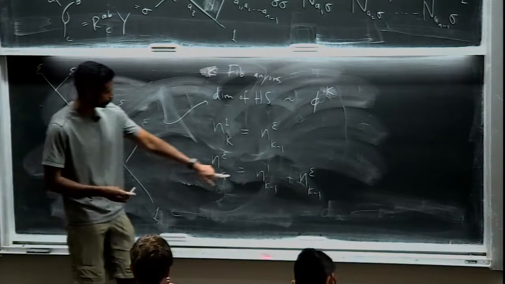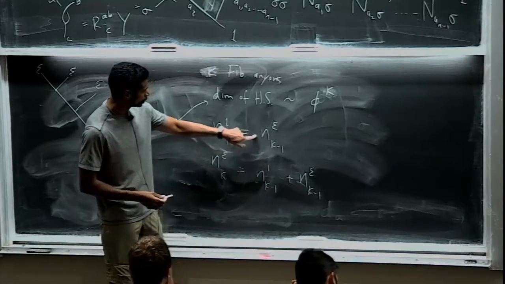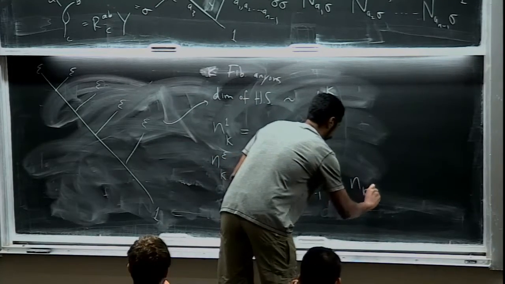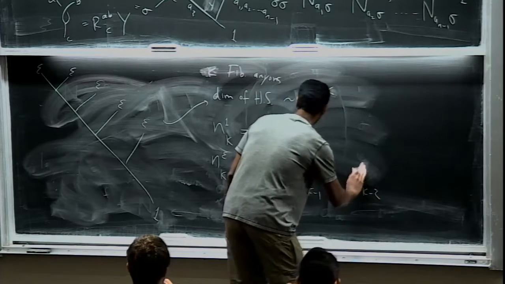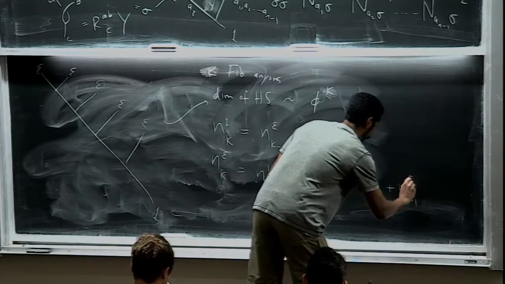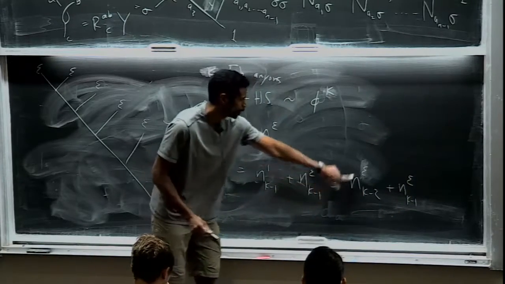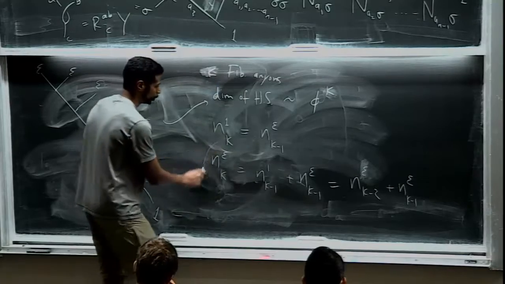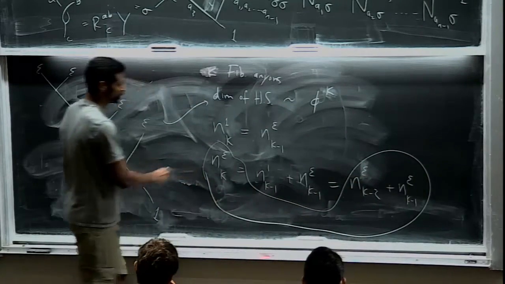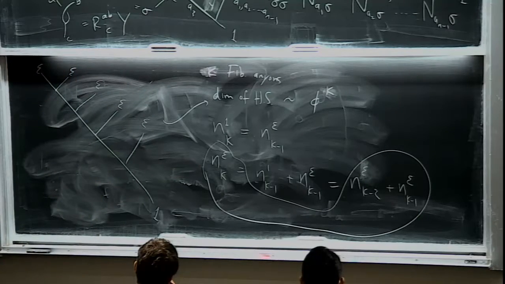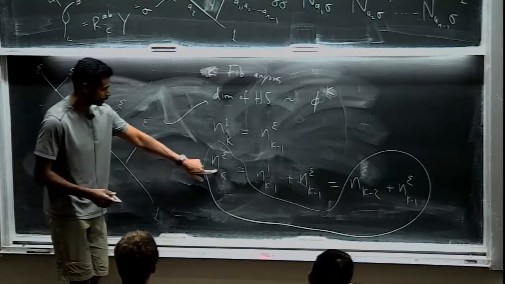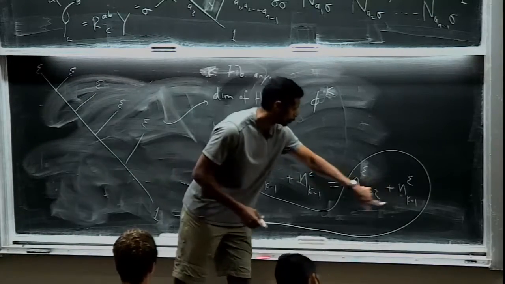But notice, n sub k minus 1, 1 is in fact through this relation equal to n sub k minus 2 epsilon. So what you now notice is that the exact number satisfies the recursion relation for Fibonacci numbers. That you get the kth one by adding the k minus 1th and the k minus 2th.